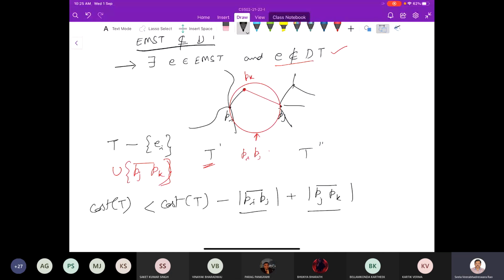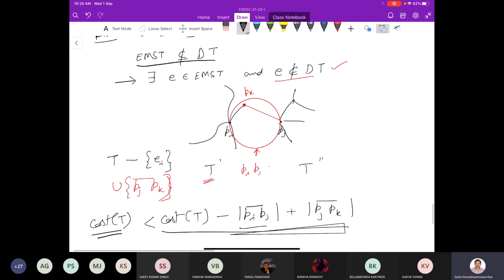So obviously this value is lesser. So the cost of the spanning tree that we got is less than the cost of the original minimum spanning tree. That means what we assumed initially, that T is the minimum spanning tree, is a contradiction.